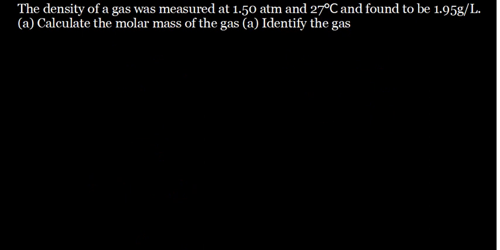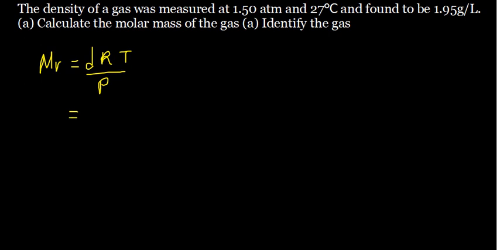Let's consider this one. The density of a gas was measured at 1.50 atmosphere and 27 degrees Celsius and found to be 1.95 grams per liter. We want to calculate the molar mass. So we already know the formula. Molar mass is given by density multiplied by universal gas constant times temperature over pressure.